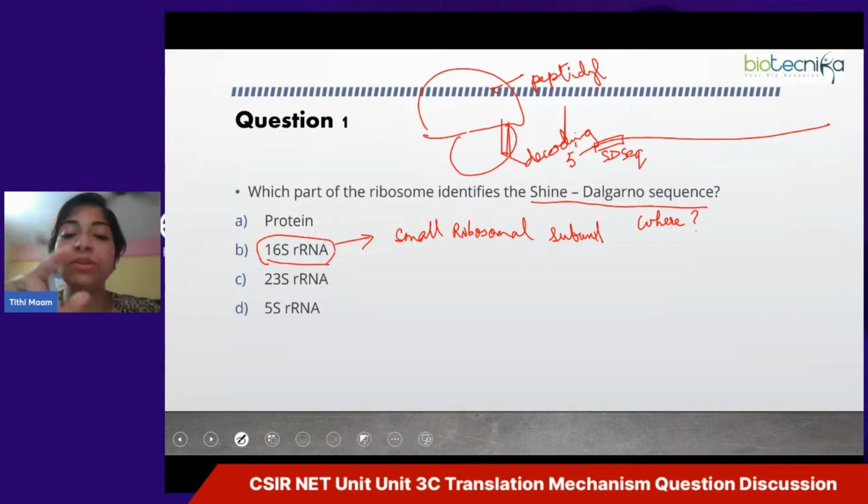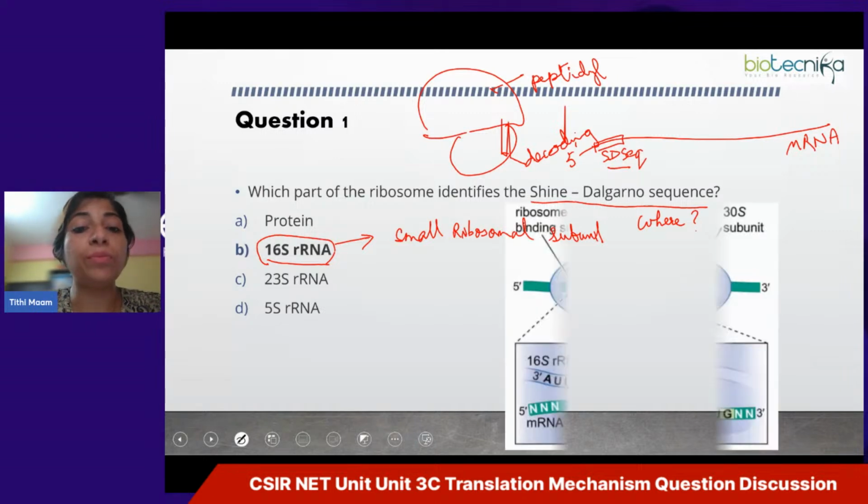That is done by the interaction of the Shine-Dalgarno sequence, near the 5 prime end of the mRNA, with the 16S rRNA, a component of the small ribosomal subunit. So basically, the image looks like this.